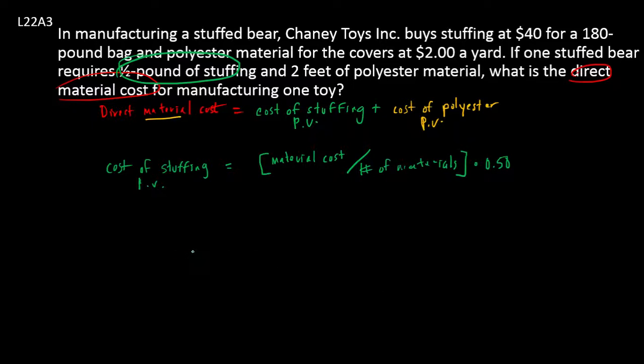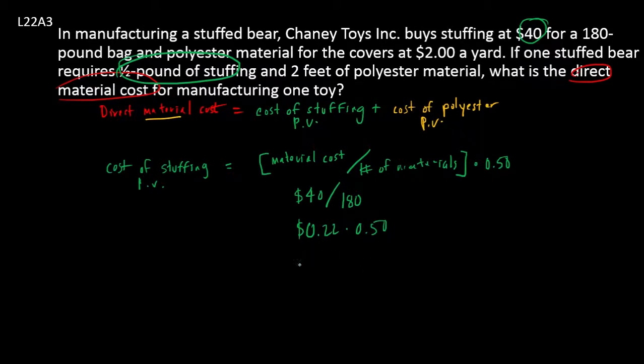So the cost of stuffing is going to be equal to $40, because it cost me $40 for the material, divided by the number of materials, so we're paying $40 per 180 pounds, which is equal to 22 cents a pound. Now, we get 22 cents a pound, but we only need half a pound per bear.